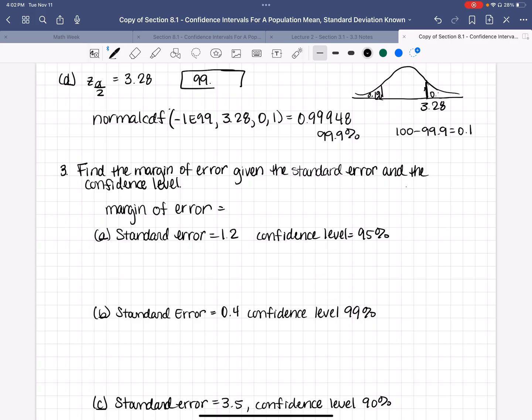This one is 0.1%, okay? So then we say 100 minus 0.1 times 2 is going to give me 99.8. Yep. Okay. We were all right with that.